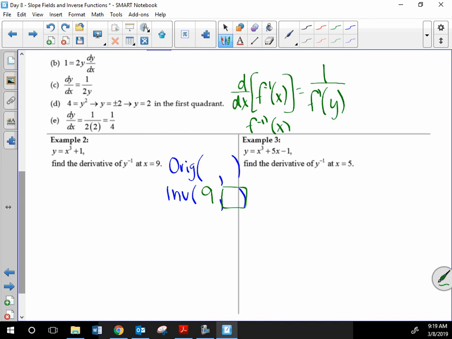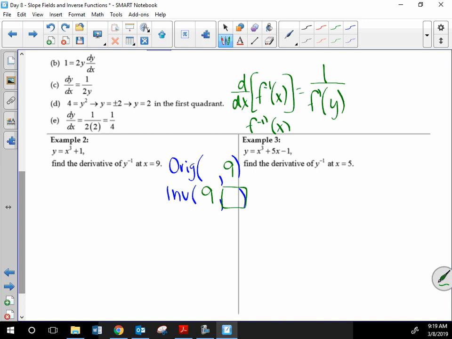What does x become in my original? Y. Your y. Remember, the big idea behind inverse is that you just simply switch x and y. So we're going to use that, because to find what's in this box here, I really have to find my original x.